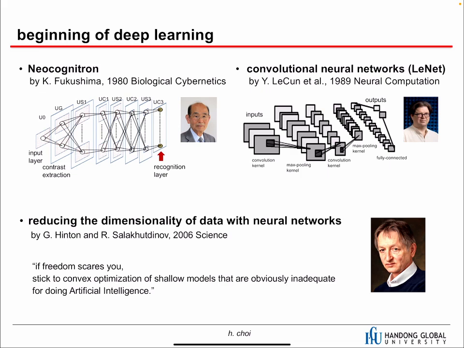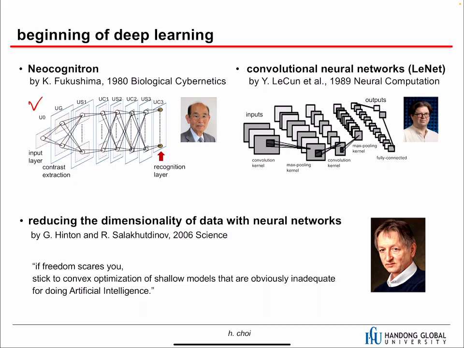Now let's talk about the beginning of deep learning. What was the starting point, what was the main problem, and how were these problems solved? First, it dates back to 1980 when Professor Fukushima proposed the neocognitron. He modeled our brain structure with the neocognitron, took this idea from neuroscience, and applied some training algorithms back then.